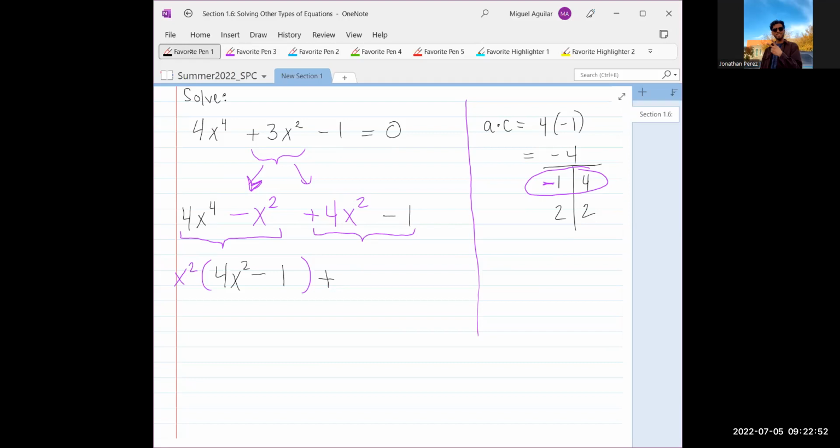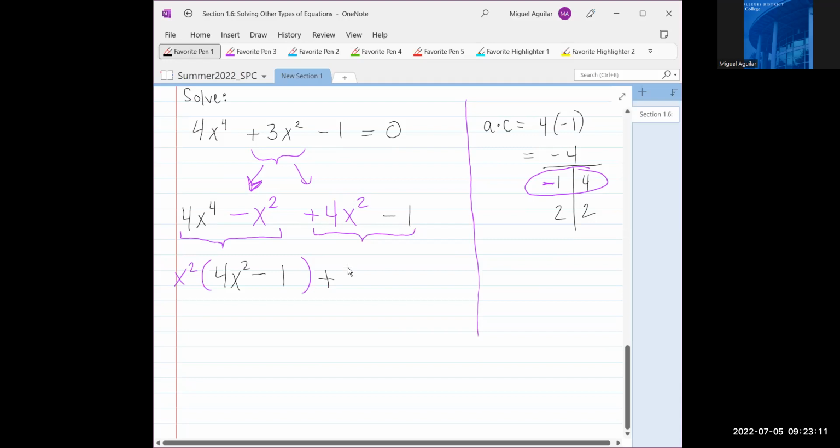So we can't pull out an x squared if we don't have an x squared. Would it be 1? Yeah. So you're thinking of the largest number that divides into 4 and 1 evenly. And because 1 is already small, the only thing that's going to divide into 1 is 1. So you might say to yourself that they don't have a common factor. Sometimes I say that. But remember, if you're looking at 2 numbers and they don't seem to have a common factor, they always have a common factor of 1. So we'll factor out a 1.